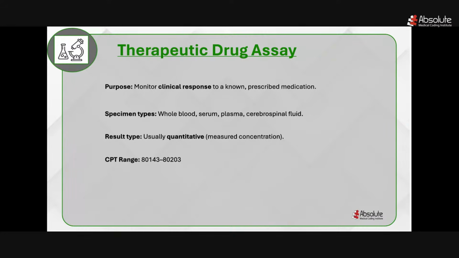So these tests can be run on a variety of specimens like whole blood, serum, plasma, cerebrospinal fluid, and the results are usually quantitative, meaning they are measured in terms of concentration of the drug in your body or in your blood. So depending upon the drugs being monitored, the lab will choose the appropriate specimen.